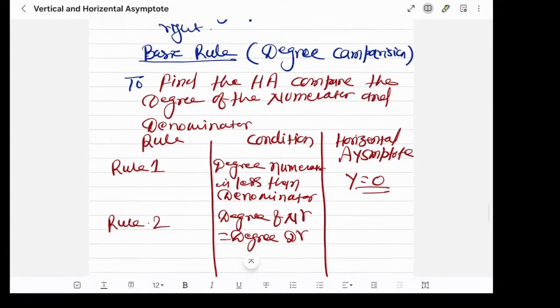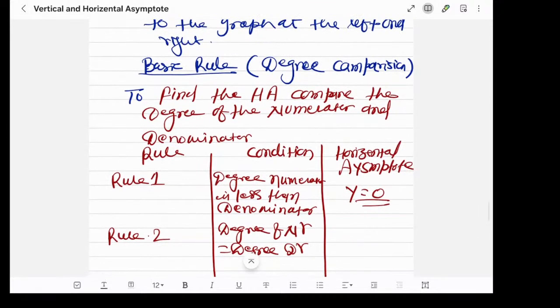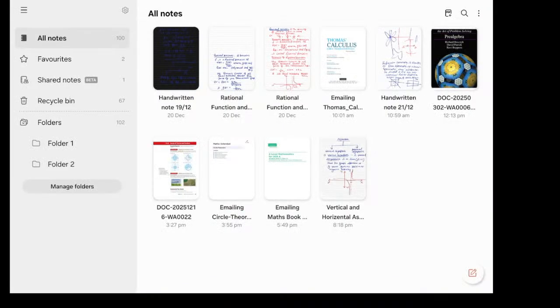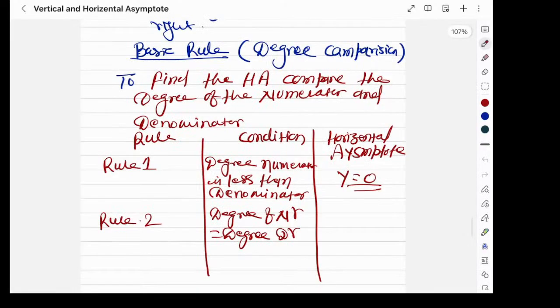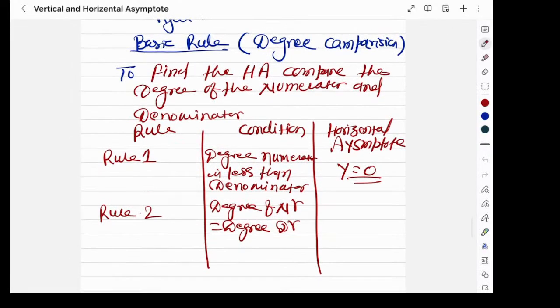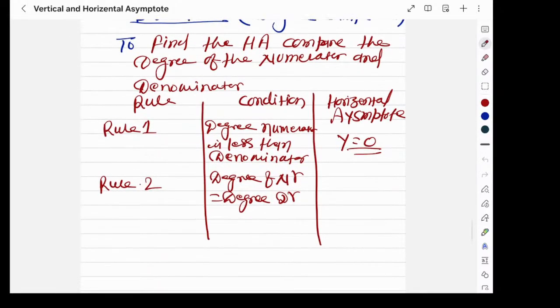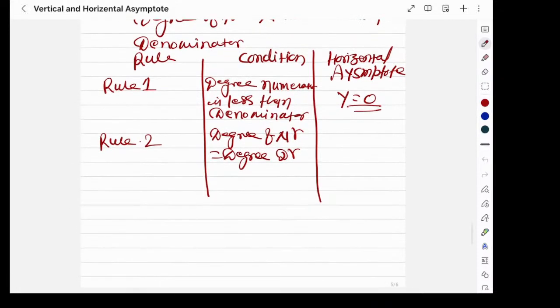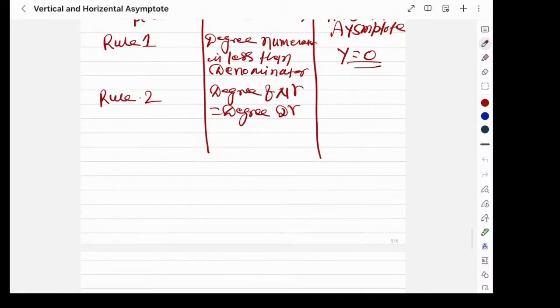The degree comparison is divided into three rules for finding the horizontal asymptote. First, if the degree of the numerator is less than the degree of the denominator, then directly we say the horizontal asymptote is equal to 0.